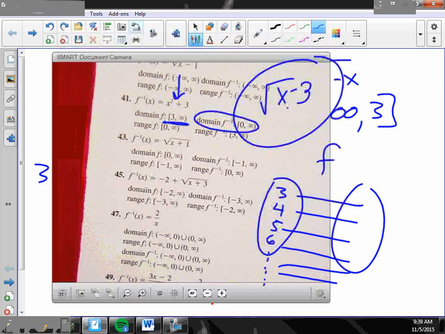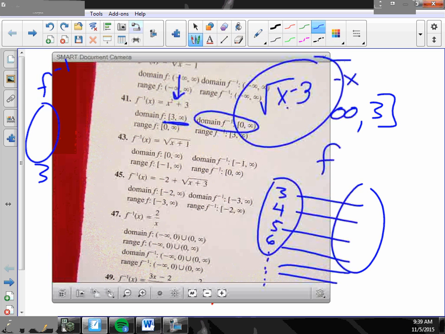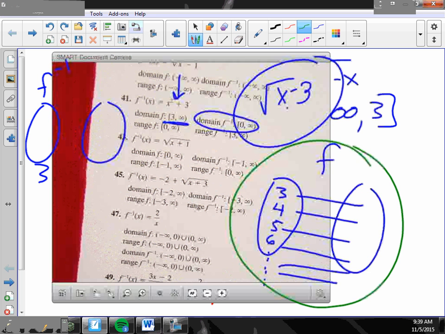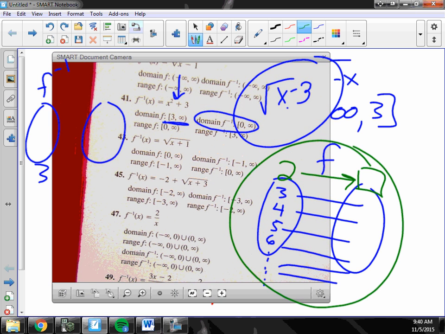If you look at f inverse, any number can go in that, right? But that function was created by taking this and switching it around. So because 2 did not attach to a number, whatever number it would have attached to cannot be part of the domain of the new function.